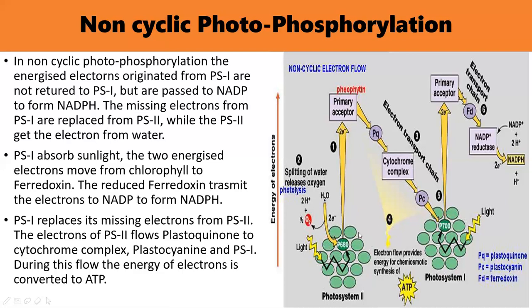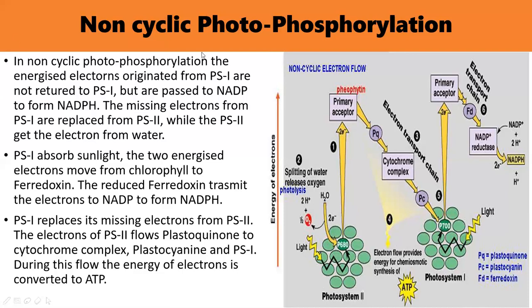When photosystem 2 lacks electrons, the water molecule splits into electrons, hydrogens and half an oxygen molecule. Due to the photolysis process, the electrons produced from water reach photosystem 2 to replace the missing electrons. Like this, non-cyclic photophosphorylation produces two different energy types, ATP and NADPH.